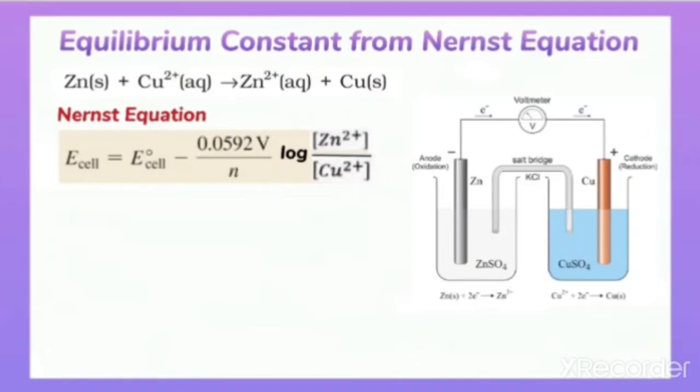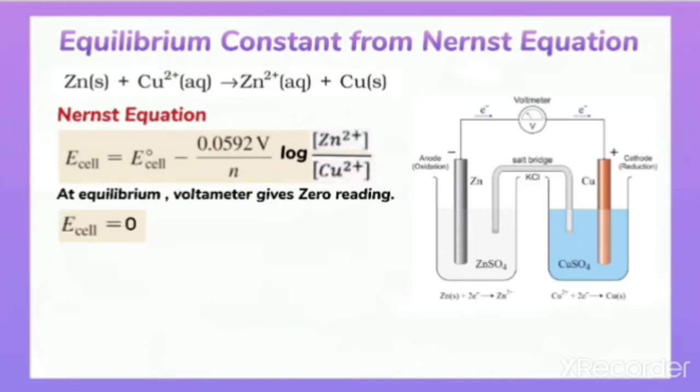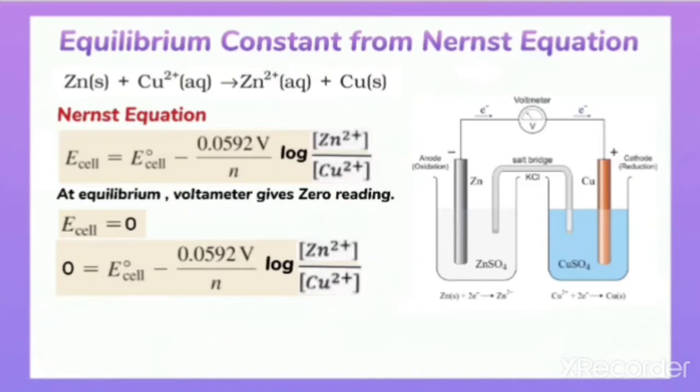At the equilibrium stage, the voltmeter reading is 0, so E cell is equal to 0. The equation can then be written as 0 is equal to E naught cell minus 0.059 by n log of concentration of zinc ion by concentration of copper ion.